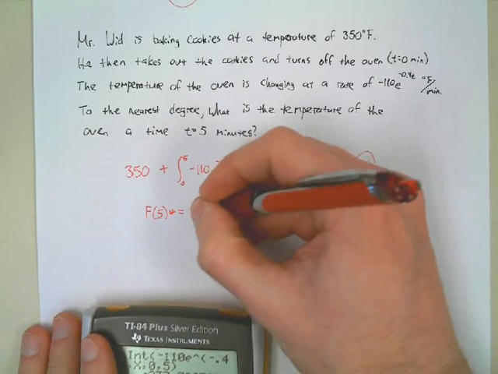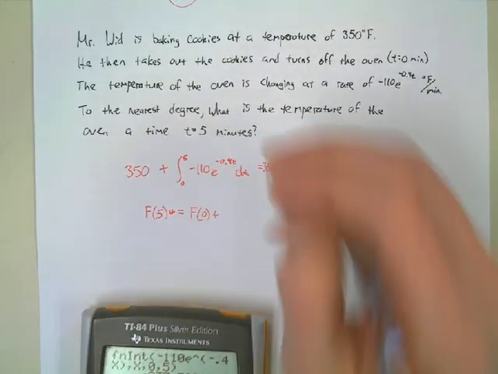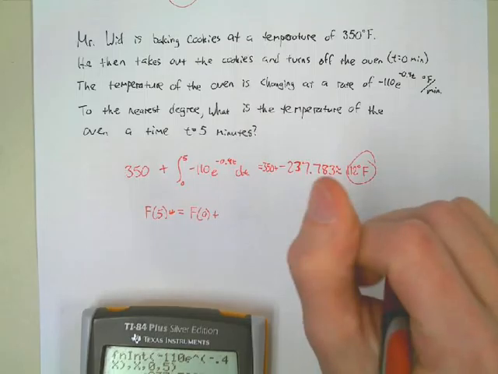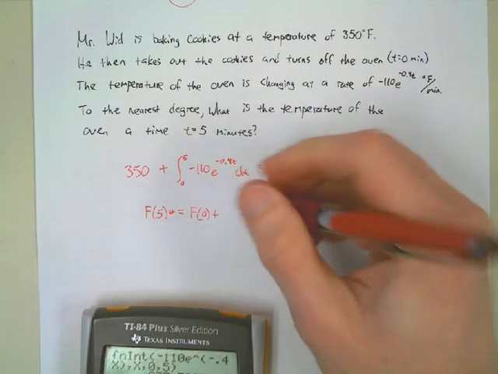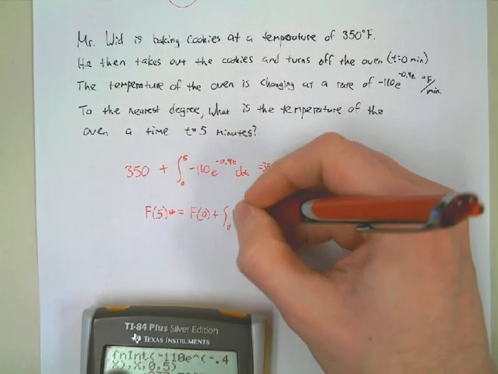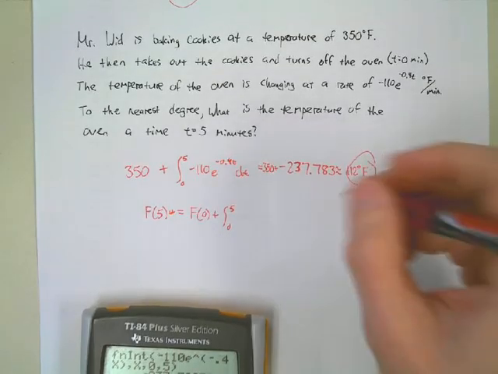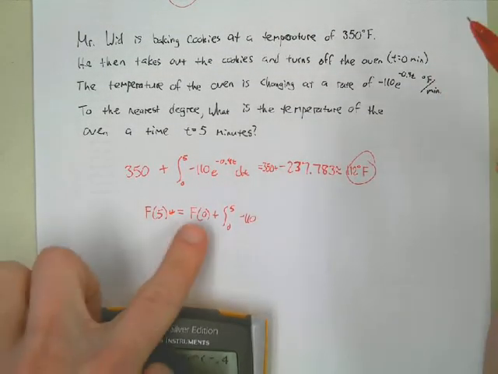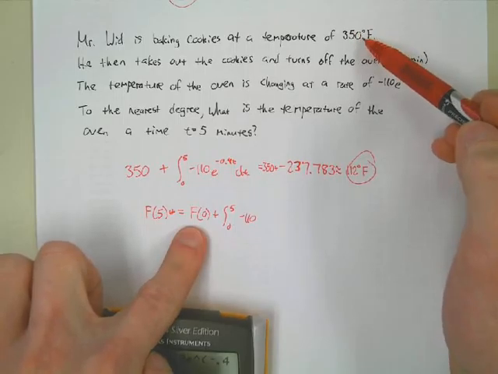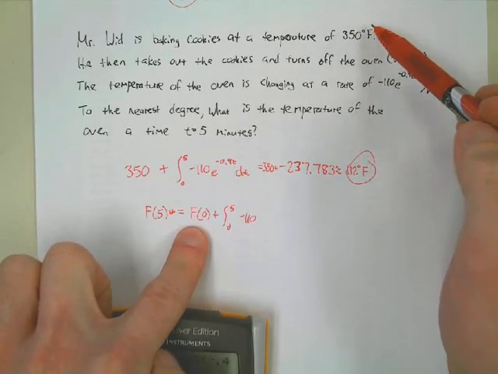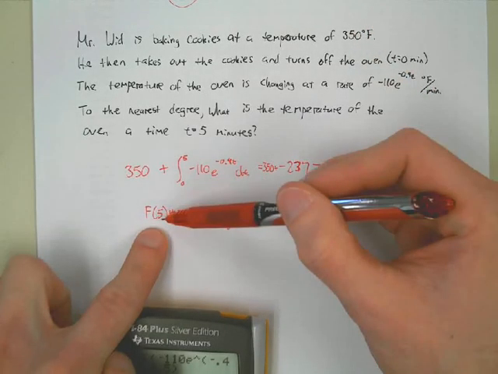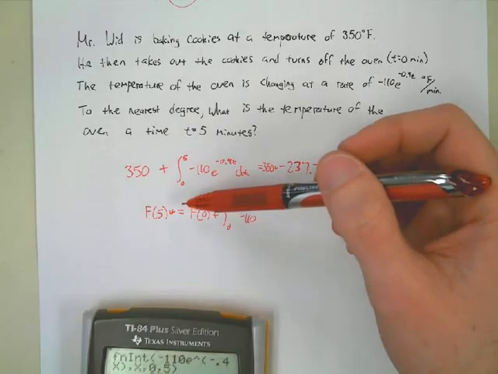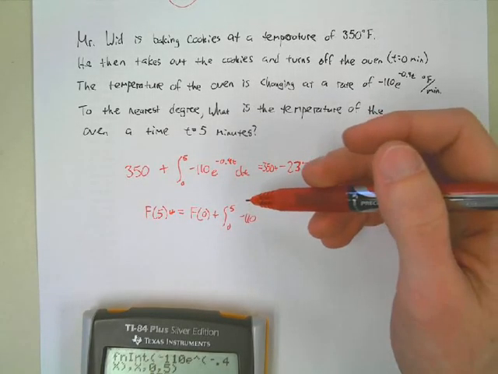Capital F of 5 equals capital F of 0 plus the integral from 0 to 5 of our rate of change in temperature, negative 110. So, why is that? We started with F of 0, right? We were given that piece of information: at 0, temperature is 350. And then we're going to capital F of 5. We want to know what the temperature is at 5. You see the difference there? And that's the integral of negative 110 e to the negative 0.4 t dt.